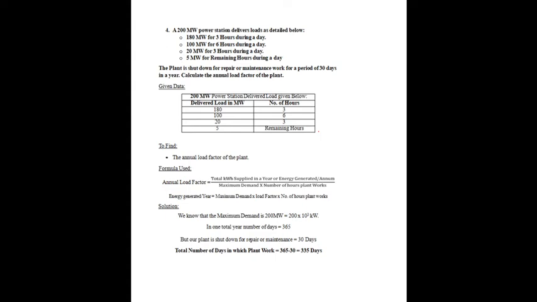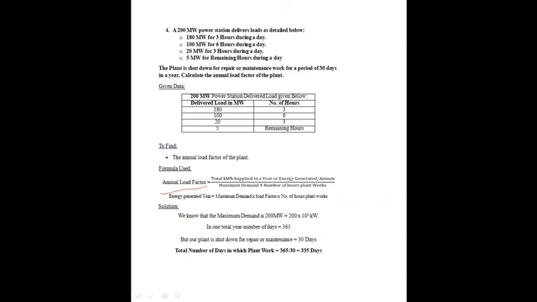Okay, simply, 180 megawatt number of hours is 3, for 100 megawatt number of hours is 6, for 20 megawatt the number of hours is 3, and 5 megawatt for remaining hours. So in order to find out the total annual load factor, how will we calculate the annual load factor?